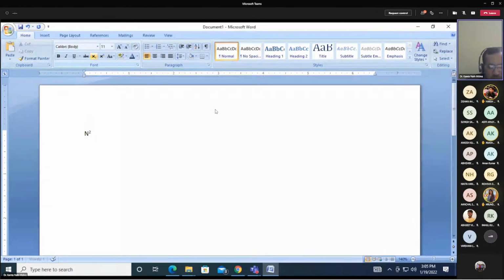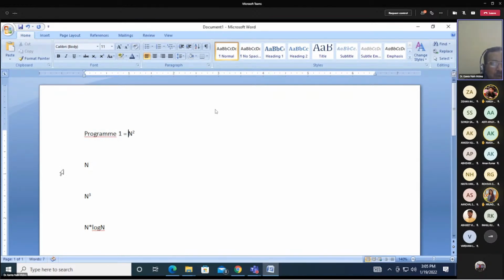Time taken by the third program is n cube. And time taken by the fourth program, the fourth student, is n into log n.